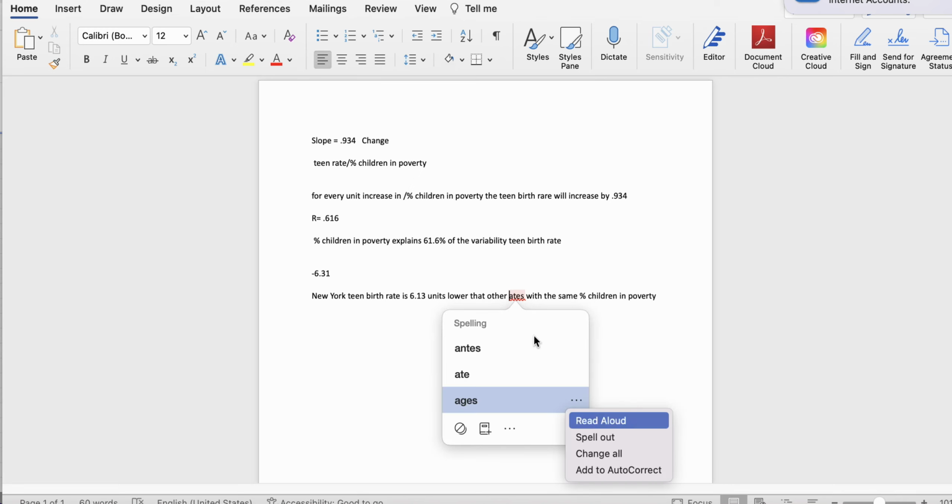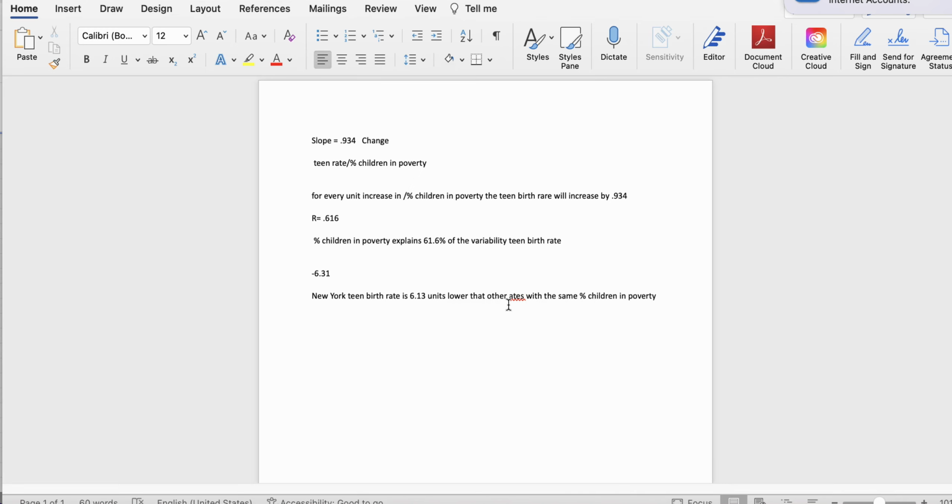This should be states. Okay. So you've got to be really clear about this. You want to mention lower. We're going to use the word units because it's not a percent.